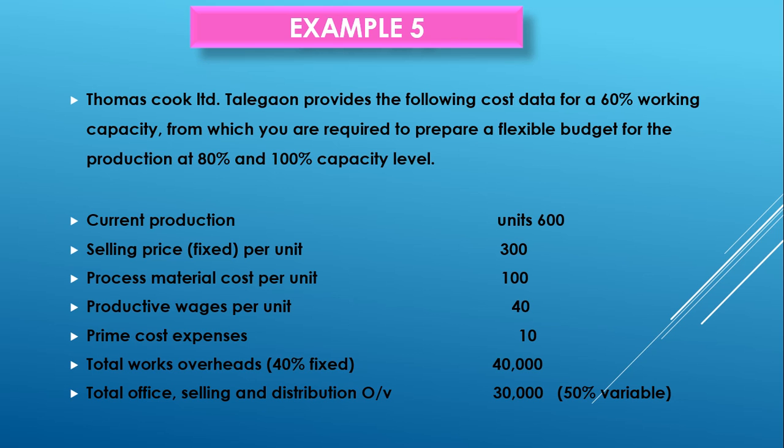Then under factory overheads we have total works overheads 40,000. Thereunder 40% fixed and remaining 60% are variable. Then after that, under selling and office distribution overheads, we have total office and selling and distribution overheads, that is 30,000, wherein 50% variable and 50% fixed.